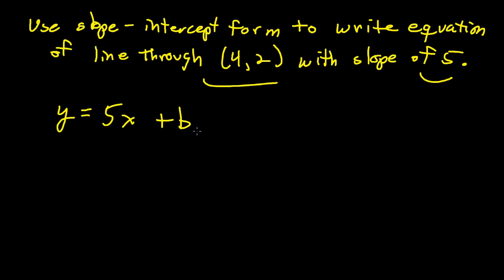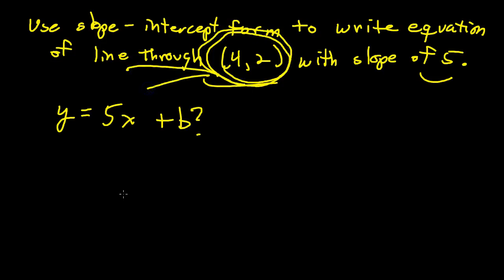How am I going to find it? Well, I know this line goes through this point, so I'm going to plug in the x and y values given and then solve for the unknown y-intercept. y is 2 in this point when x is 4.